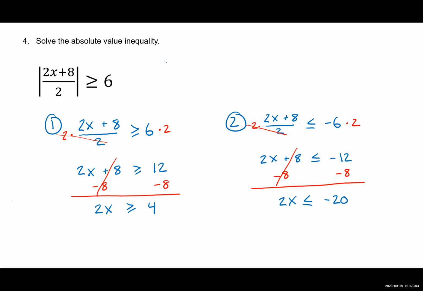Okay, so we're not going to get the same number. We're starting with the same number, plus and minus, the 6 and the -6. We're not going to get the two same numbers on the bottom in our answer. But we're taking the same steps, though. Divide by 2 to get x by itself. So those 2's cancel. Same thing over here. Divide by 2 to get x by itself. So the 2's cancel.